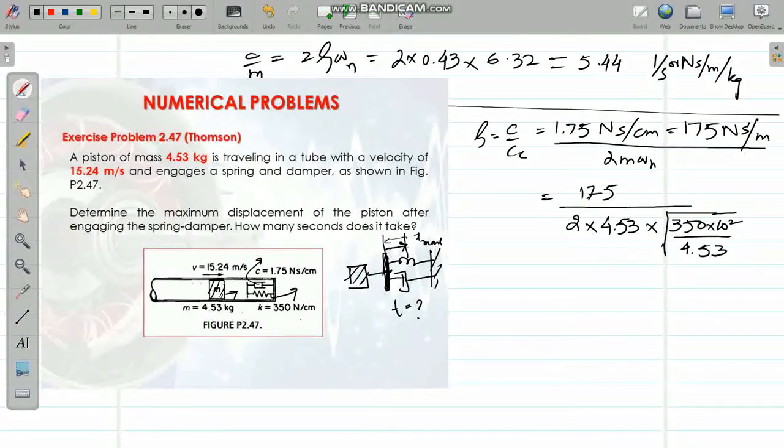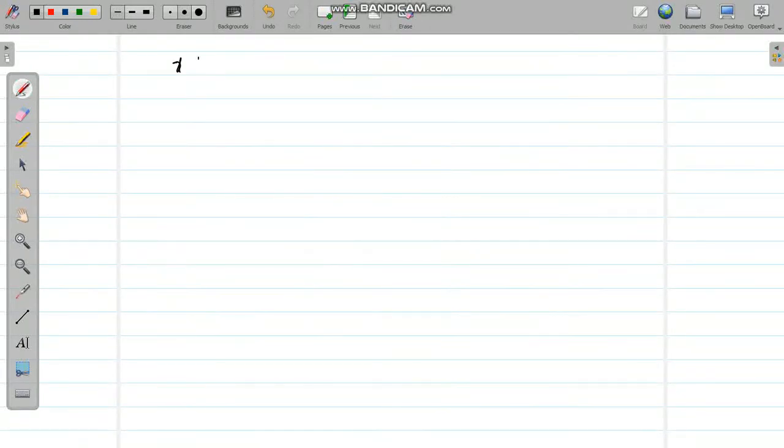If you solve this, zeta comes out to be 0.22, so it's an underdamped system. Now we will use our equation, which is x of t equals e to the minus zeta omega n t times C1 sine of omega d t plus C2 cos of omega d t.